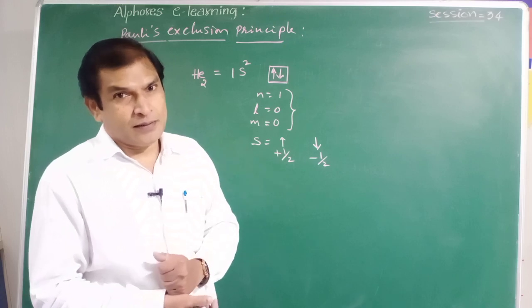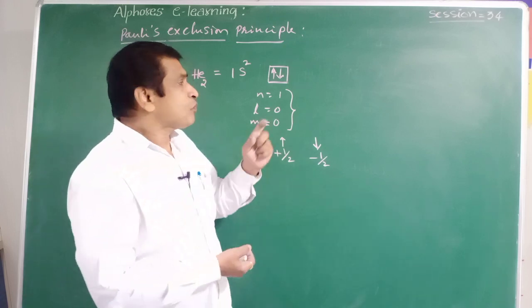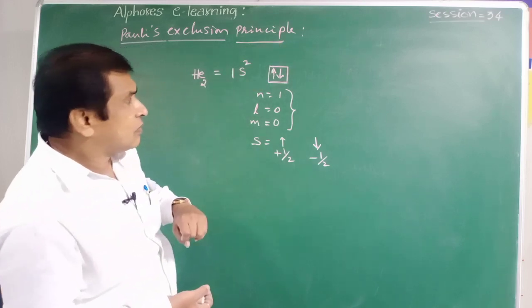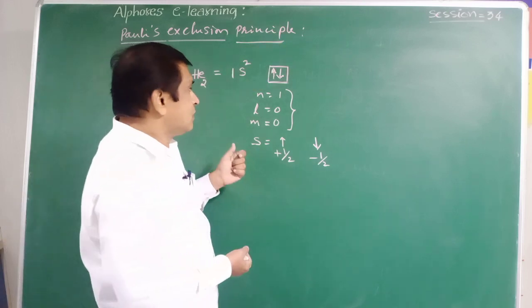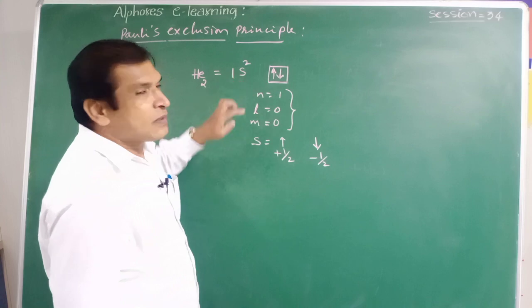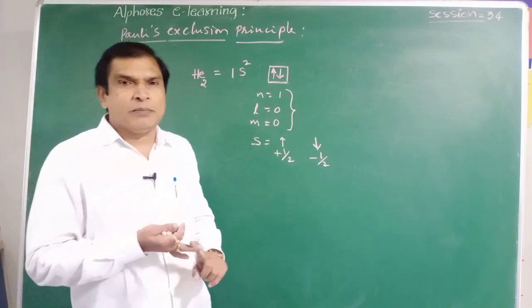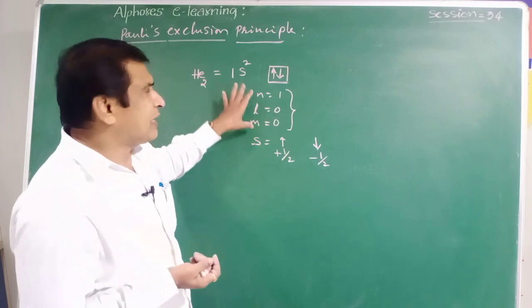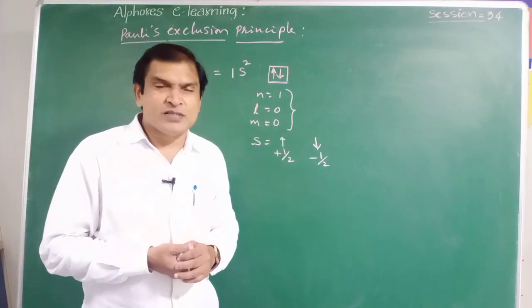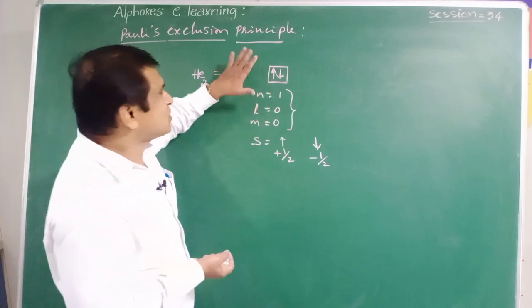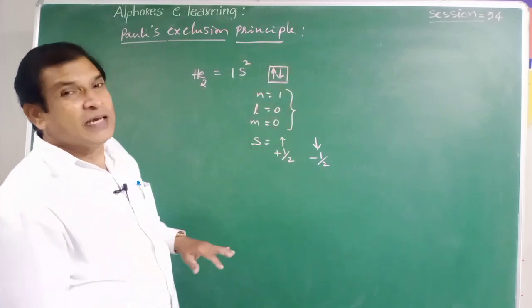Is it clear? The 2 electrons of an orbital of the same subshell possess the same principal, azimuthal and magnetic quantum number values. The 2 electrons differ in spin quantum number values. That is the statement, and here we explained an example.